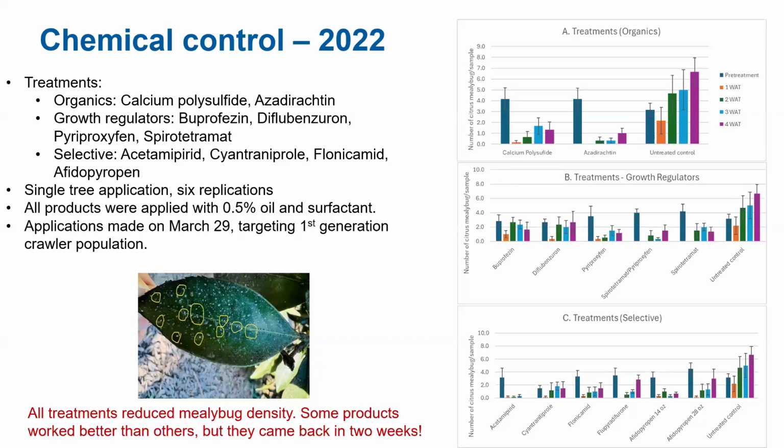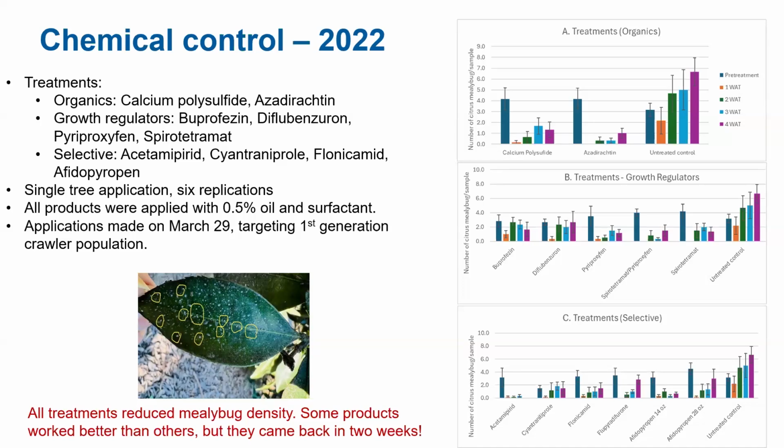And we also wanted to test different groups of insecticides. So we chose organic products: calcium polysulfide, azadirachtin, lime sulfur, azadirachtin; growth regulators: buprofezin, diflubenzuron, pyriproxyfen, spirotetramat; selective products: acetamiprid, cyantraniliprole, flonicamid, afidopyropen.